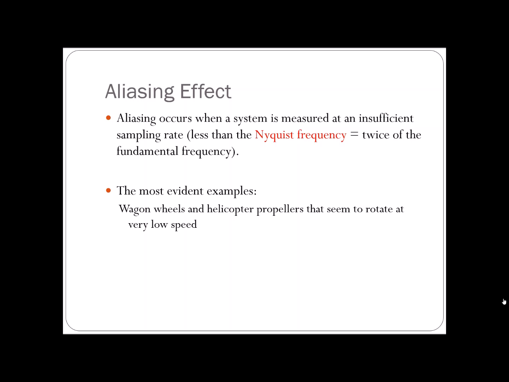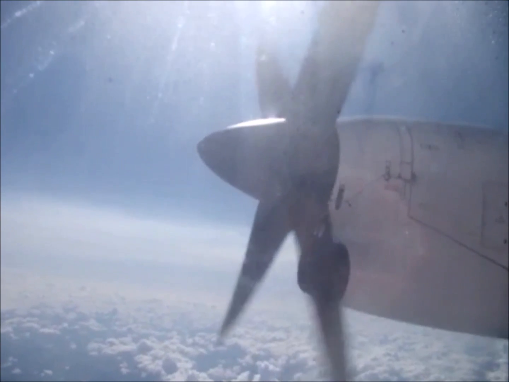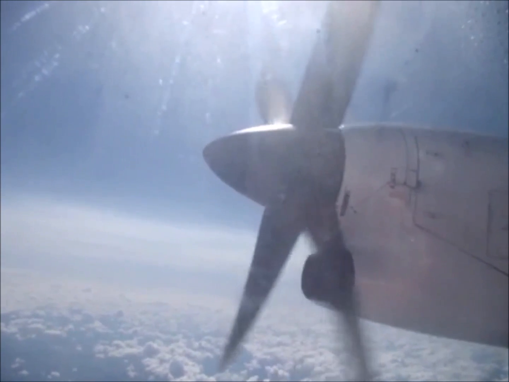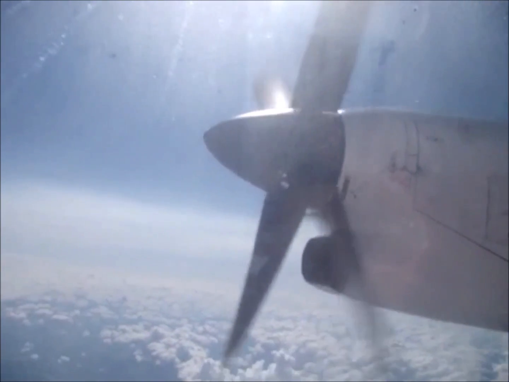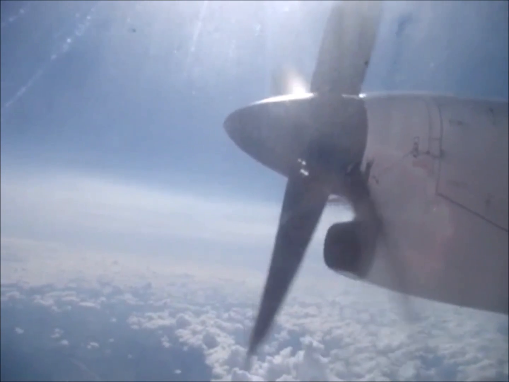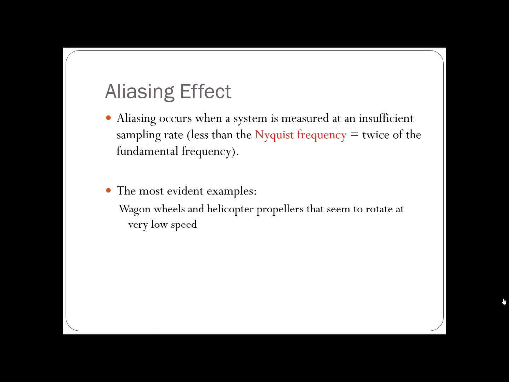Sometimes when we see these rotating propellers, we have a notion that the blades are rotating at a much slower speed. Or sometimes we might have a notion that the propeller is rotating slowly, but in the opposite direction.